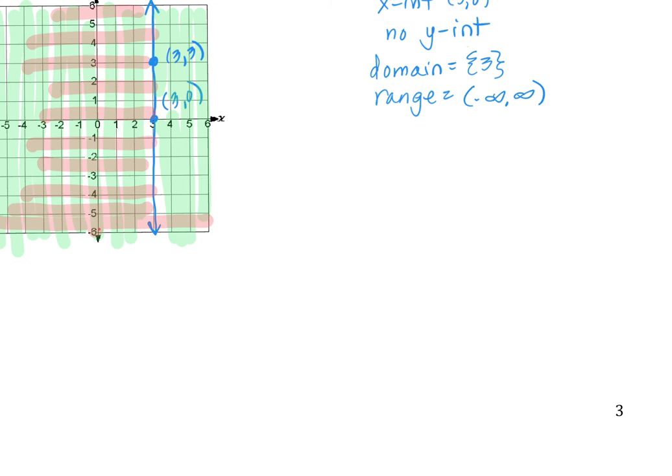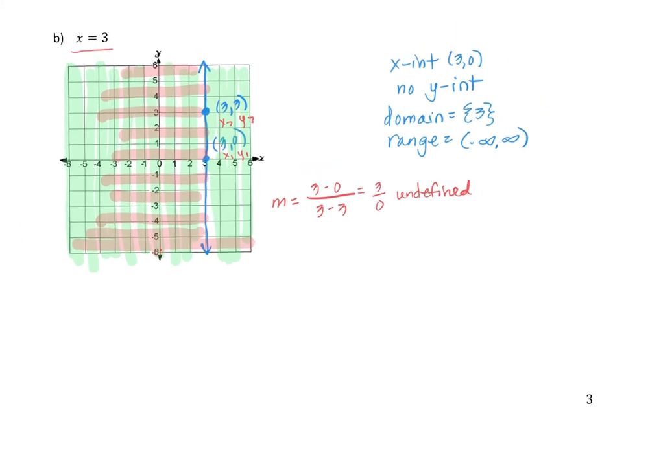Now if I were to verify my slope, and I'll call 3, 0 my x sub 1, y sub 1, and 3, 3 my x sub 2, y sub 2. So it's going to be 3 minus 0 over 3 minus 3, which would be 3 over 0, and that is undefined.